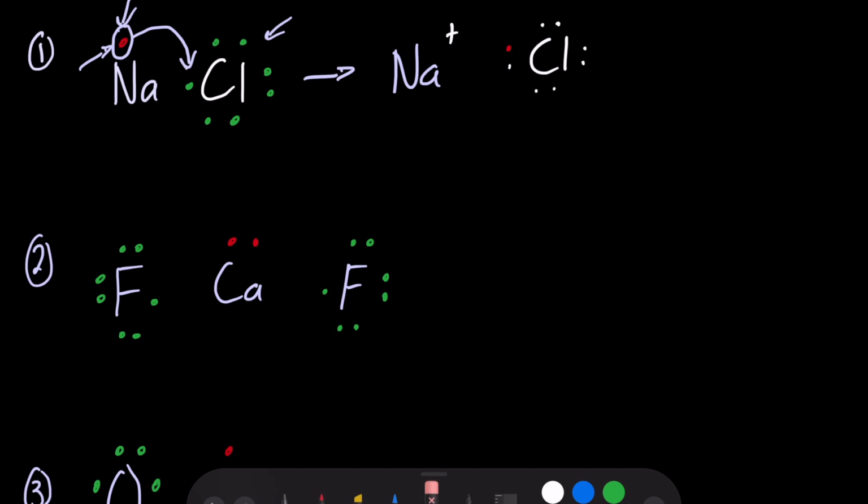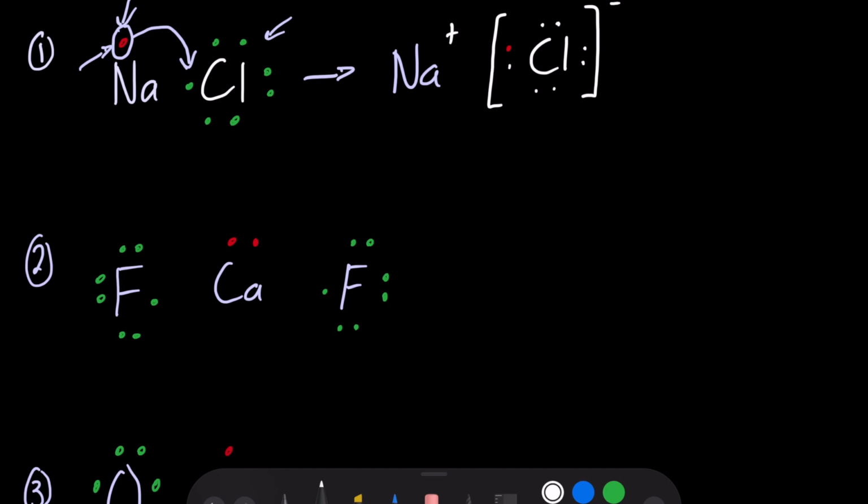Because it gained an electron here, it gained a negative charge, so we will represent that by putting a little negative sign right there. Okay, so we have Na plus and we have Cl negative, and when they bond together they will create NaCl.